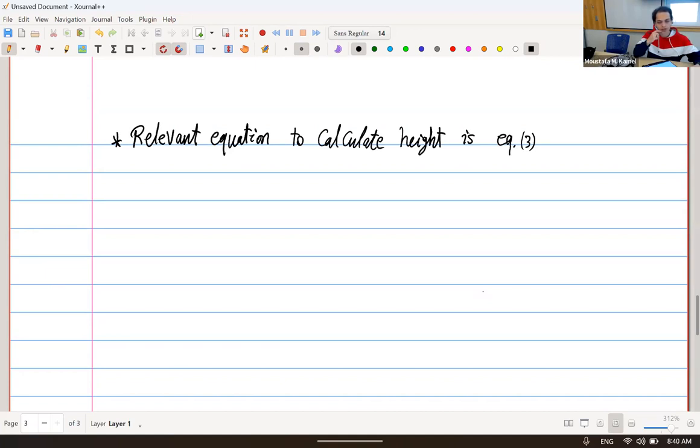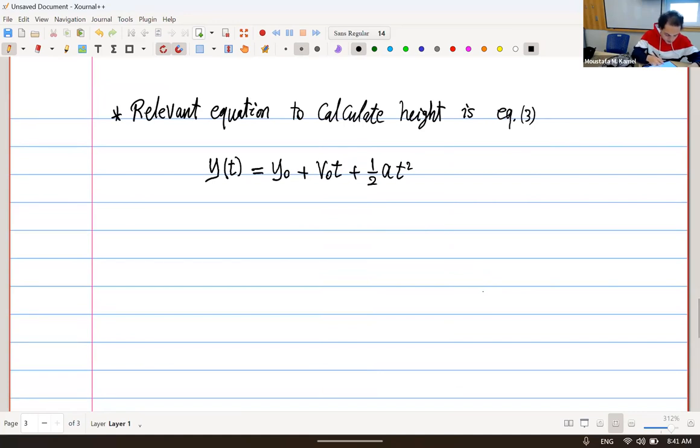Okay, I will write it down using y instead of x because we just used y as our vertical axis. So it will be y as a function of time equal to y naught plus v naught t plus half a t squared. Just use y instead of x, it doesn't matter the variable. So that's what we are looking for. Oh, this is not equation 3. This is equation 2.